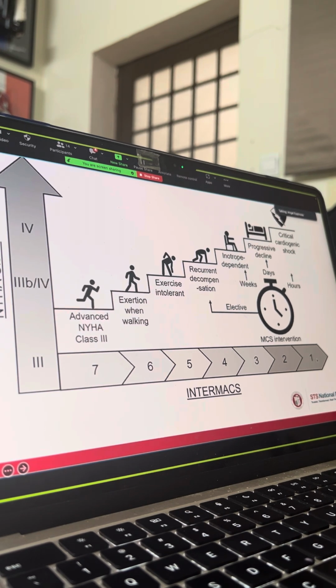In INTERMACS 1, we have the critical cardiogenic shock, either an acute-on-chronic decompensation or a critical acute emergency, like a heart rupture, trauma, or immense acute coronary syndrome.